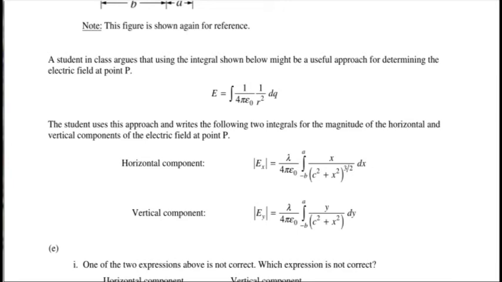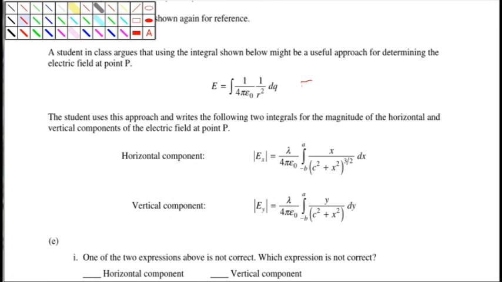So this initial integral is actually workable. We can keep that. And the student uses this approach and writes the following two integrals for the magnitude of the horizontal and vertical components of the electric field at point P. And we get these two expressions here.